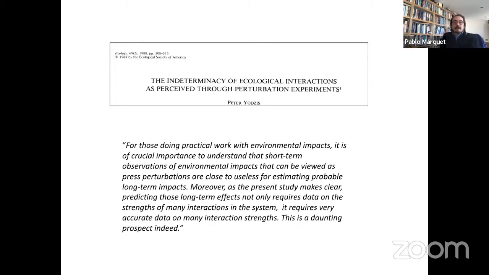So our conclusion is positive on the negative side. With these two analyses, we make clear that reconstructing ecological networks is a very complicated endeavor.